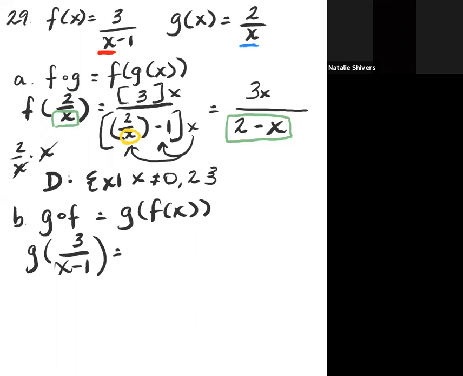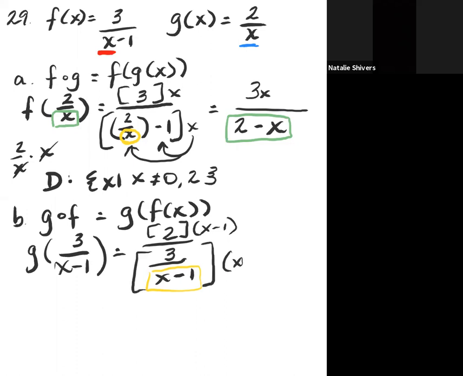Okay, so I get 2 over 3 over x minus 1. Okay, so this time my denominator is this piece. So I have to multiply the top by x minus 1 and the bottom by x minus 1.